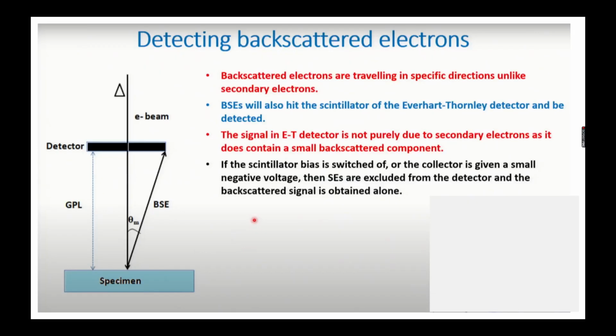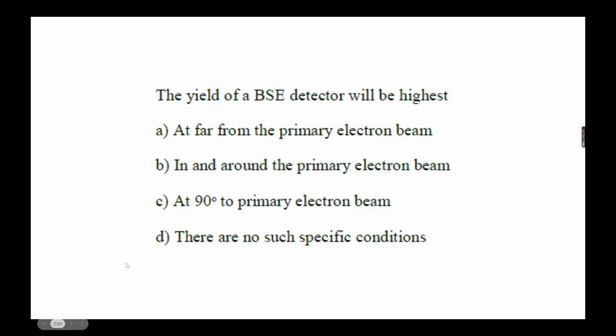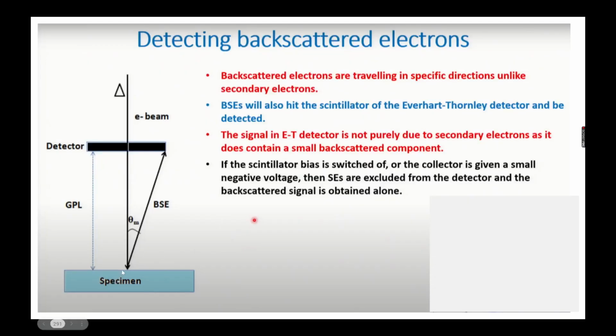So again I will show you this slide. Here you can see the primary electron beam is coming. In the answer options, you can see it is not far from the electron beam, and it is not going at an angle like 60° or more, or 180°, or 70, 80 or 90.